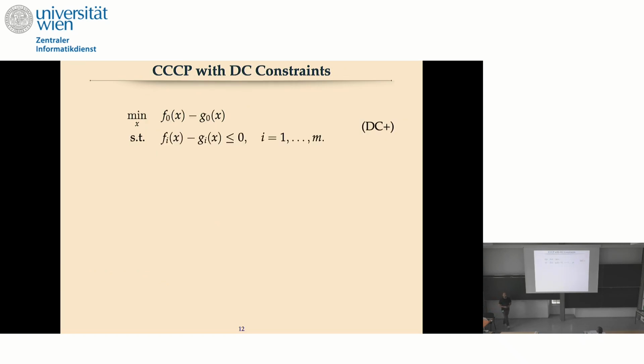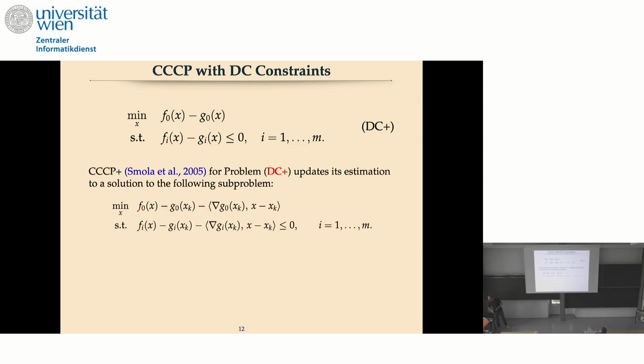Maybe a more interesting case is this problem formulation with DC constraints. Now, DC programming has this constraint problem where not only is the objective a difference of convex, but the constraints are also non-convex constraints defined by difference of convex functions.